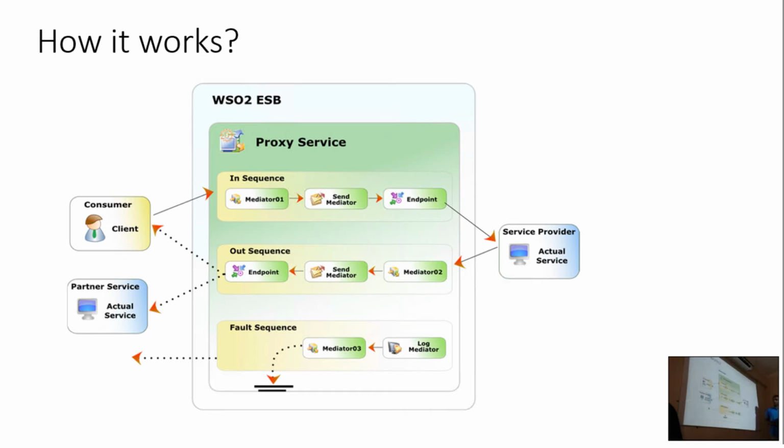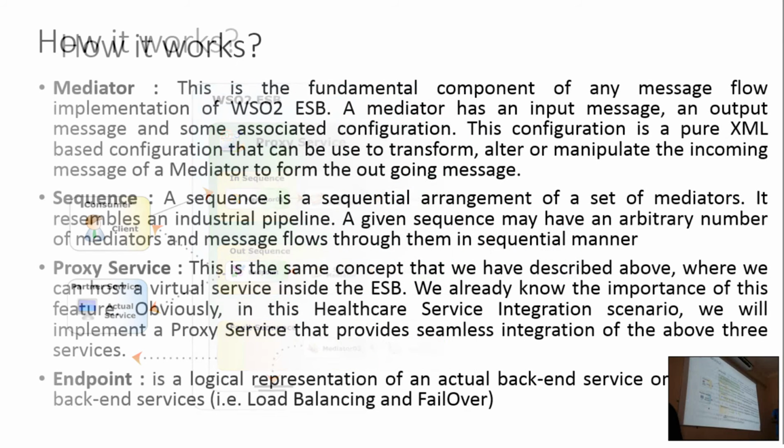There are important concepts that you have to understand. In the ESB, you have the mediator, the sequence, the endpoints, and the proxy service, right? Just keep this in mind. I'll discuss this in the next slide.